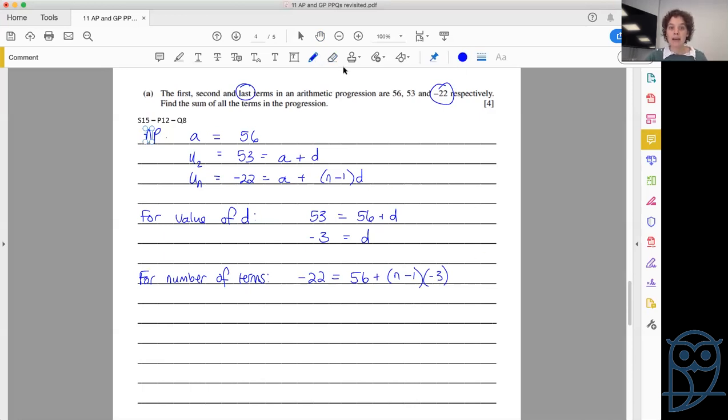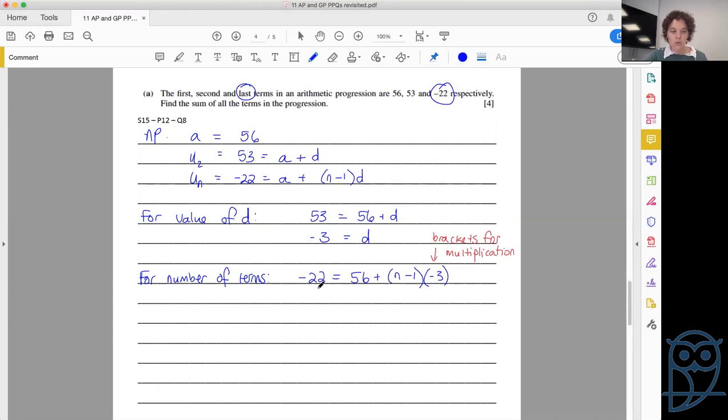You must have the brackets for the multiplication. It is a crucial thing. Do not neglect it.